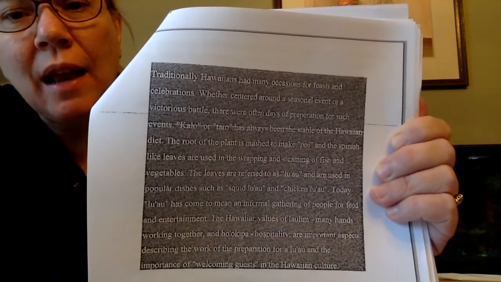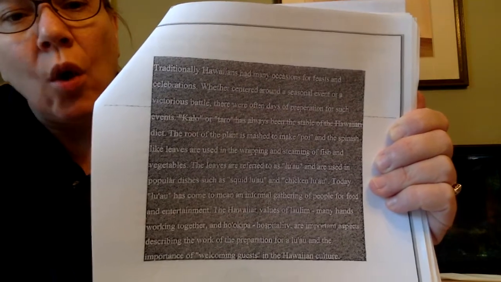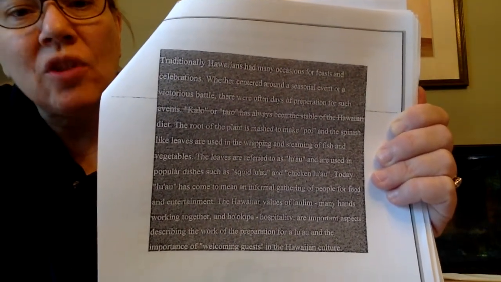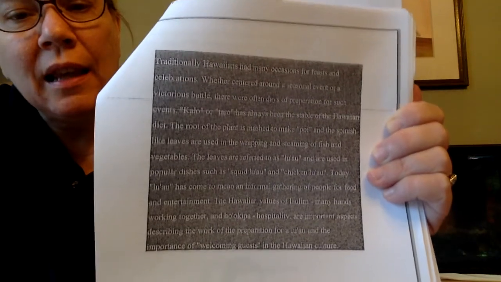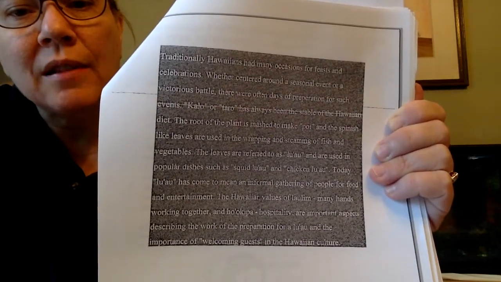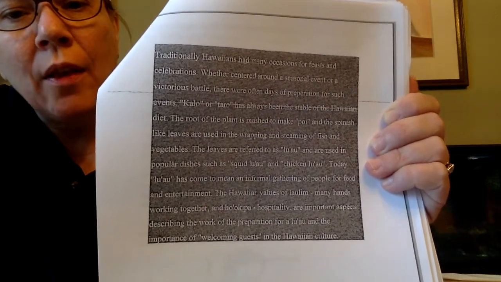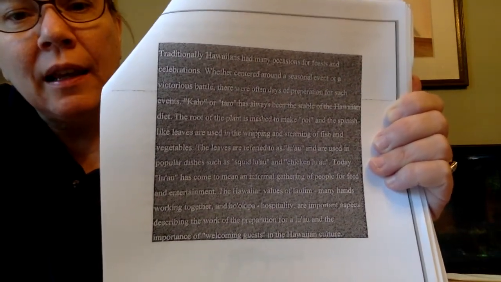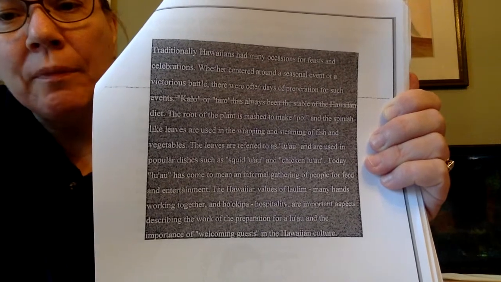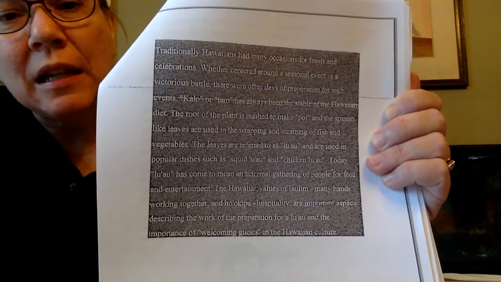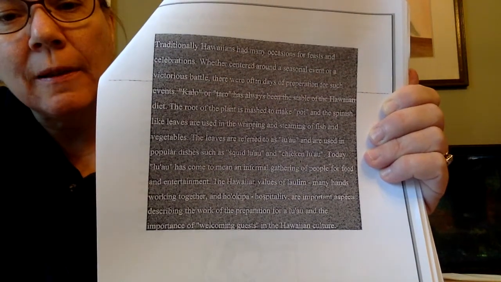Whether centered around a seasonal event or a victorious battle, there were often days of preparation for such events. Kalo, or taro, has always been the staple of the Hawaiian diet. The root of the plant is mashed to make poi, and the spinach-like leaves are used in the wrapping and steaming of fish and vegetables.